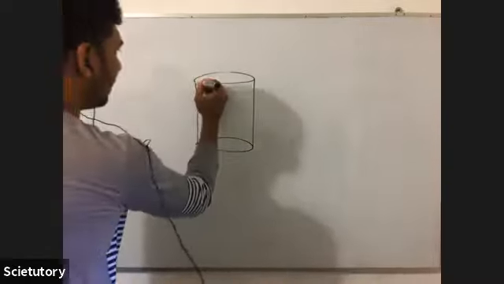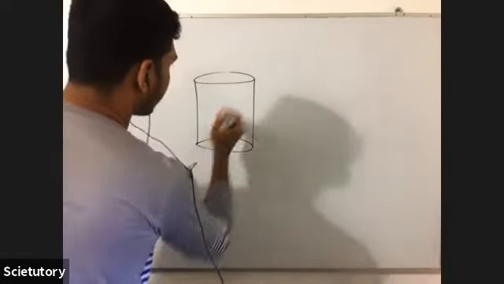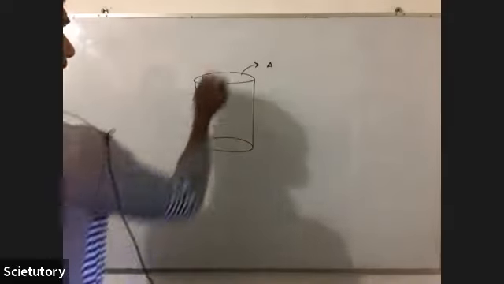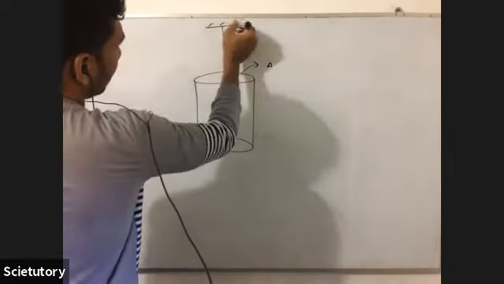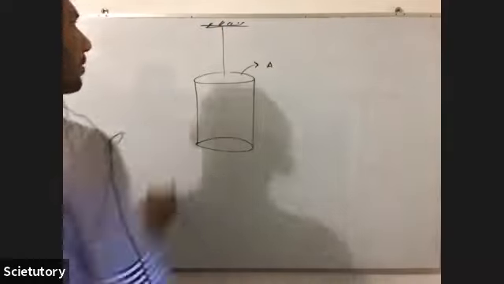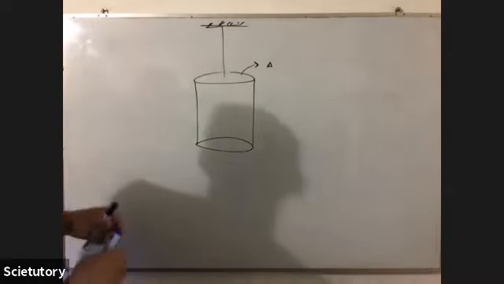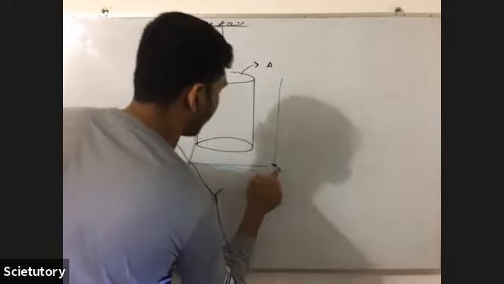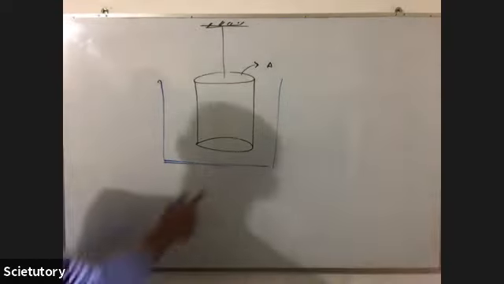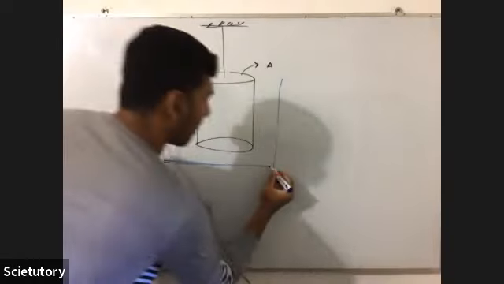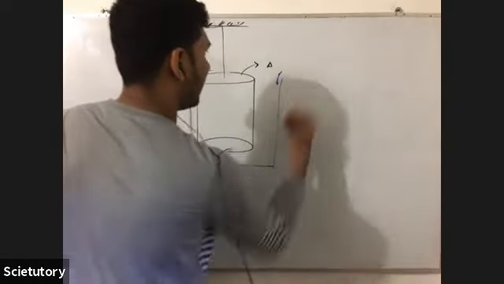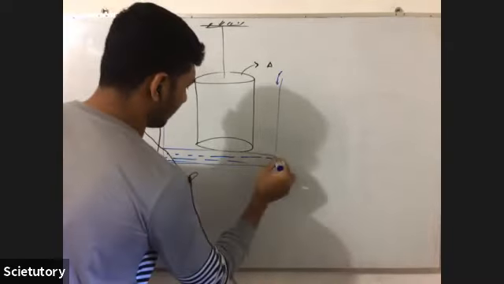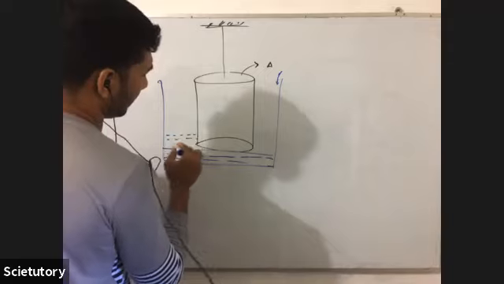It has a cross-sectional area of A. Now I'm hanging this from a support, and it is placed inside a vessel like this. Now I'm pouring water into this little by little. So now it's filled like this up to this point, and filled to this point. And now I have filled up to this point.